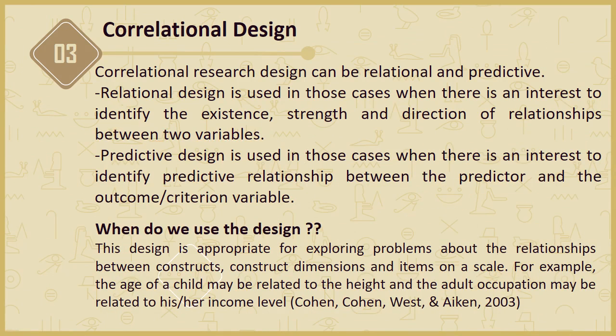The third is correlation design. Correlation research design can be relational and predictive. Relational research is used in those cases when there is an interest to identify the existence, strength, and direction of the relationship between two variables.